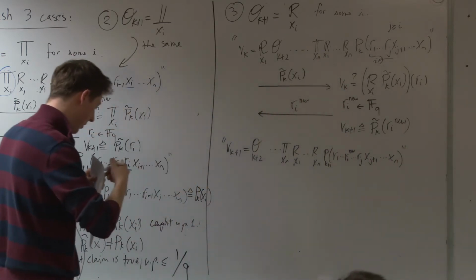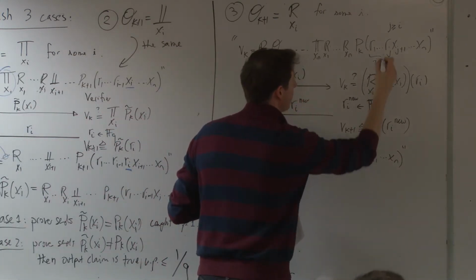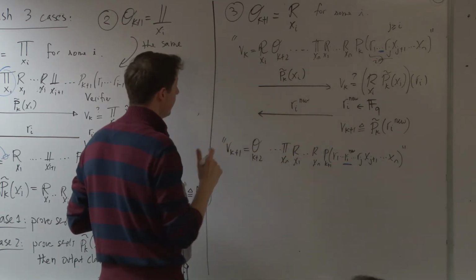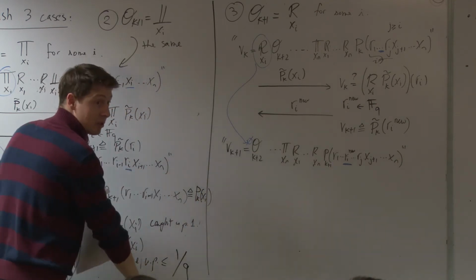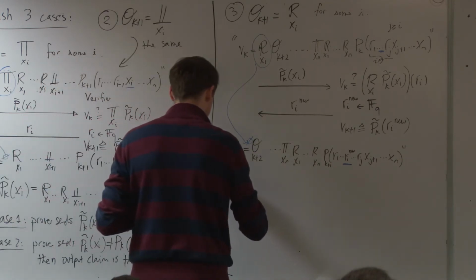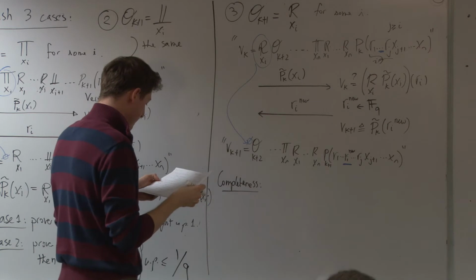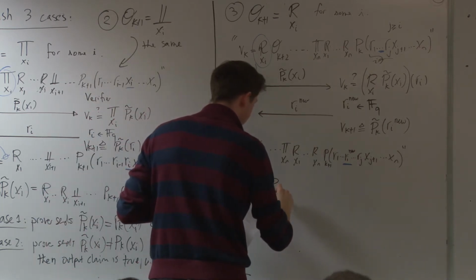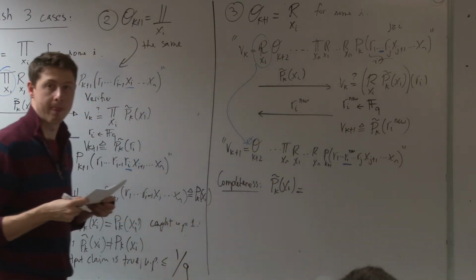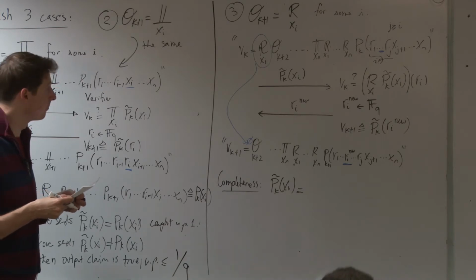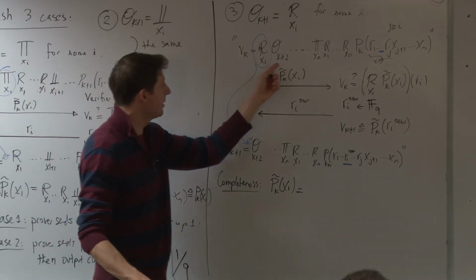Let me just try to highlight with colors. What has changed is that here we had a Ri that changed, and of course, then we peeled off this guy. So let's understand completeness first. The good thing to send would be Pk tilde xi, when Pk tilde xi equals what? Can I just say this guy?